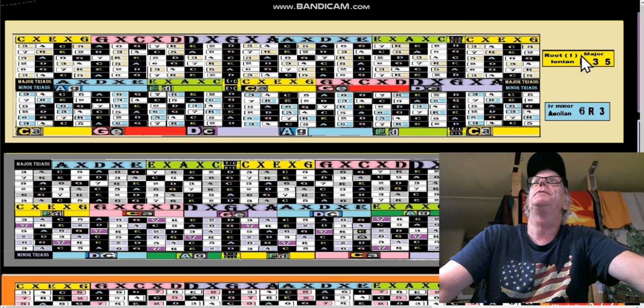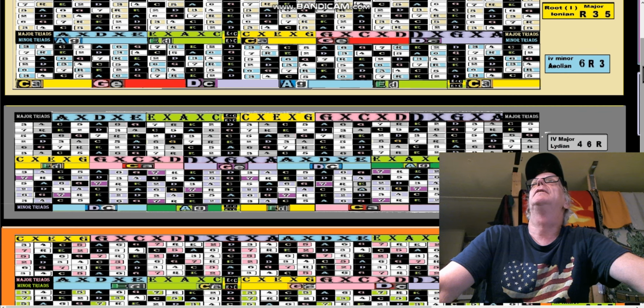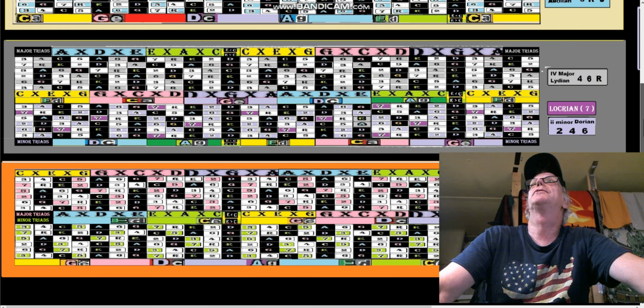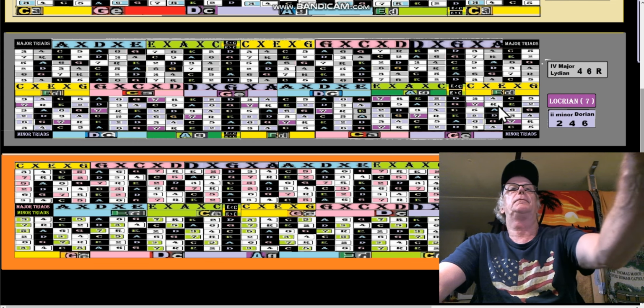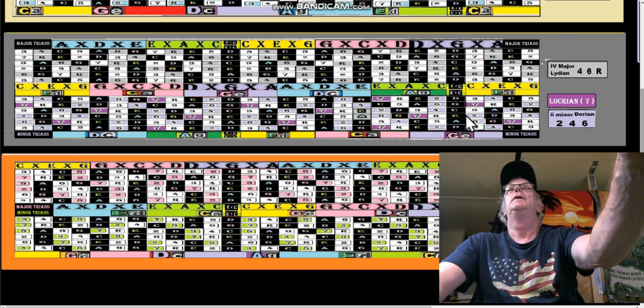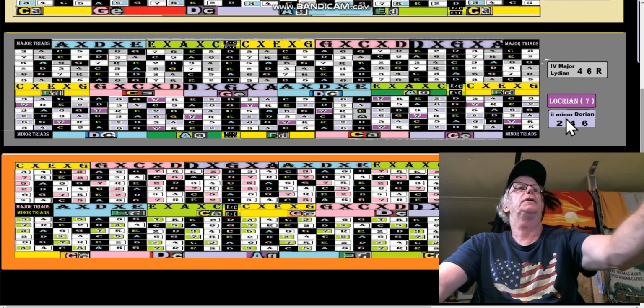So we have the Ionian and its relative 6, the Aeolian 6 root 3. Then we have the Lydian, and now remember, the Lydian and its relative sixth, the Dorian.